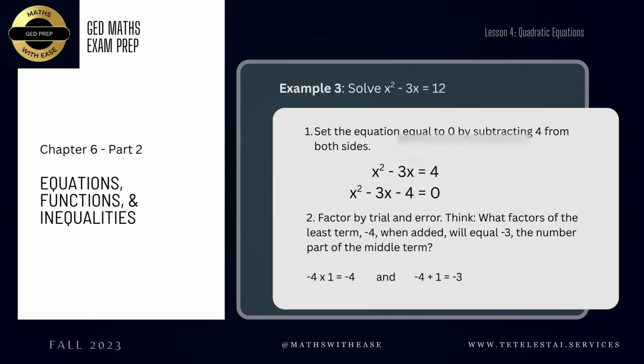So we're going to put positive 1 in our first factor, and then we know that negative 4 should go in the second factor.